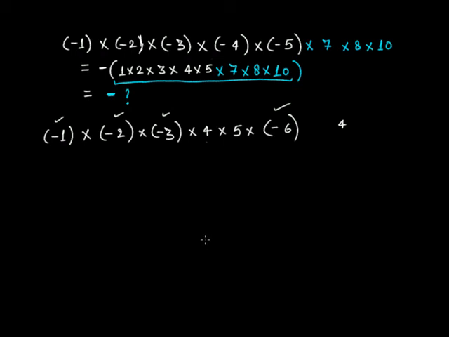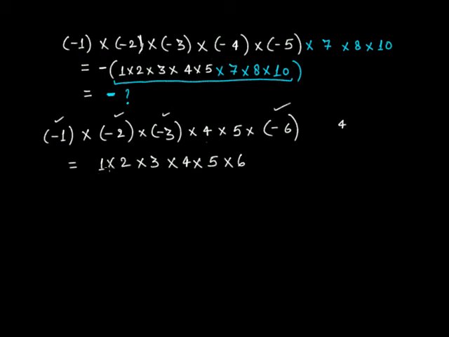Your answer will be positive, that is, it will have a plus sign. No need to write a plus sign, therefore you just ignore it. So your answer will be 1 times 2 times 3 times 4 times 5 times 6. So just multiply it.